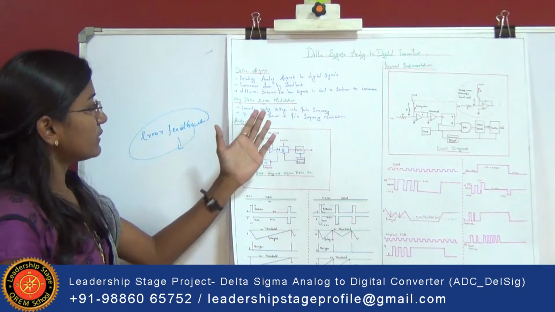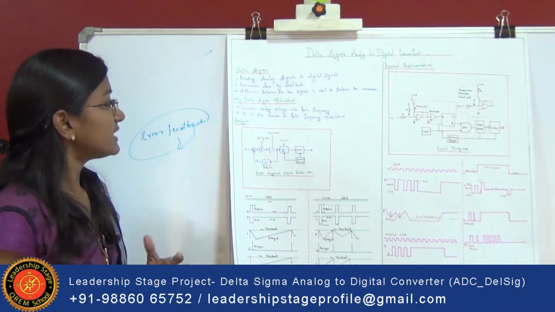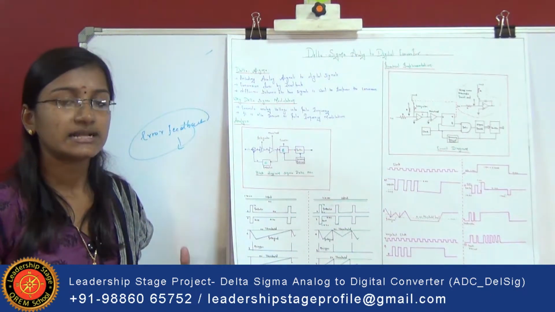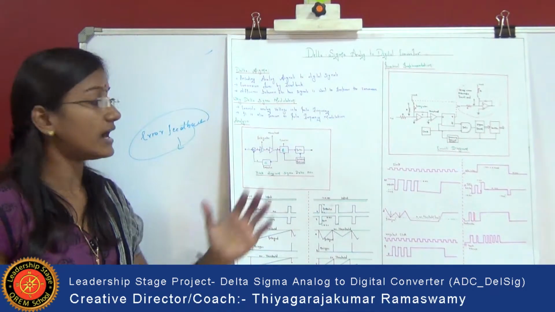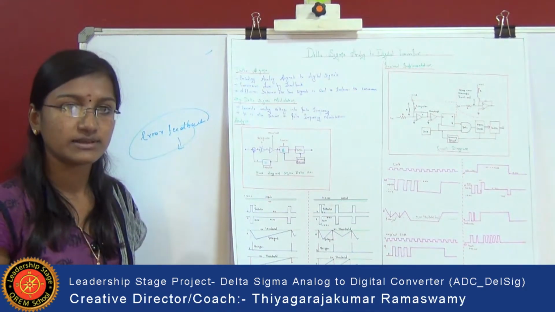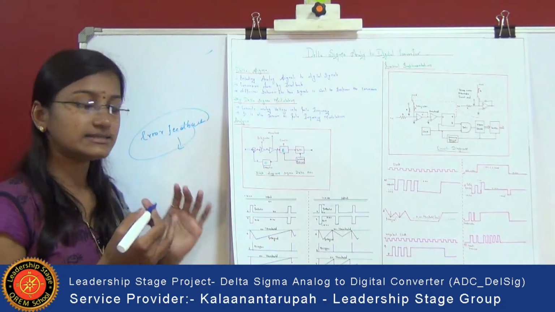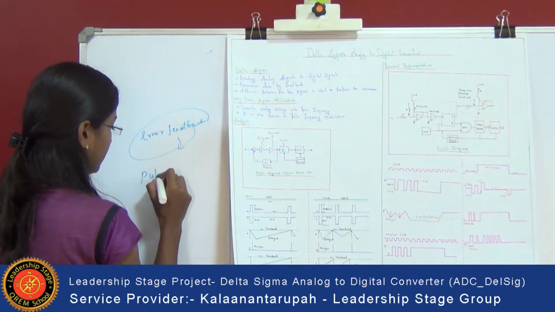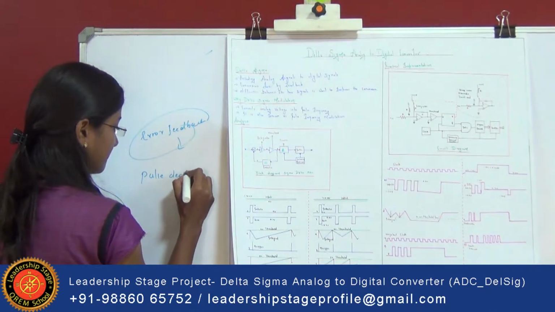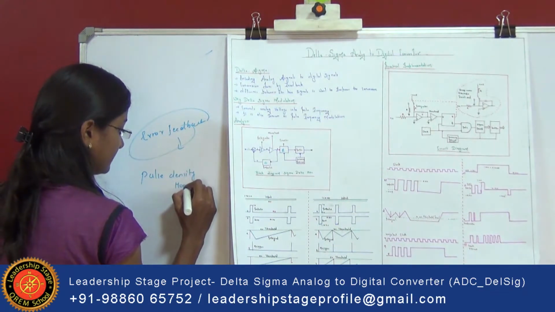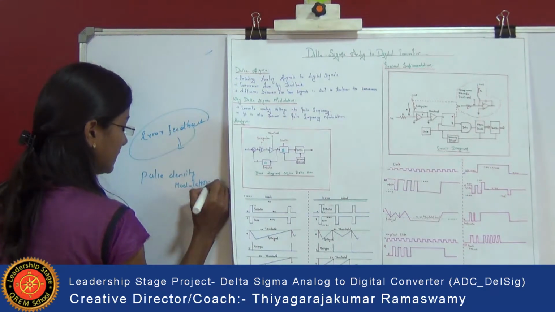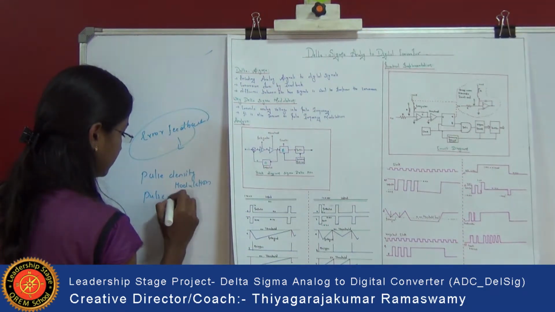Next, why are we going for delta sigma modulation? By using delta sigma modulation, we convert the analog voltage into a pulse frequency, and this pulse frequency method is also called pulse density modulation or pulse frequency modulation.